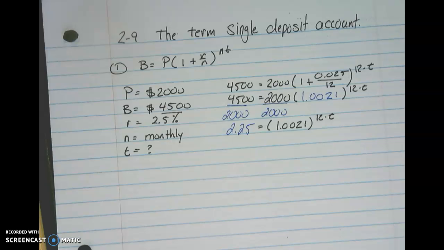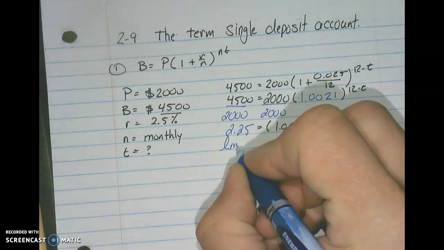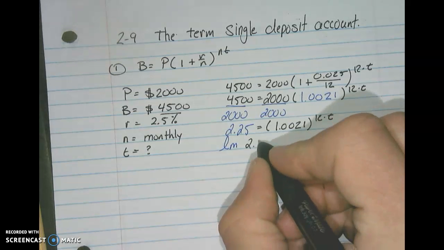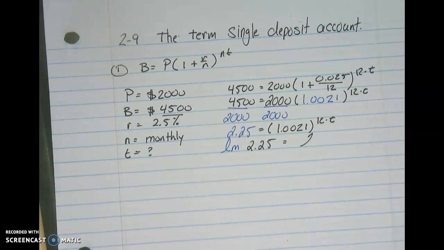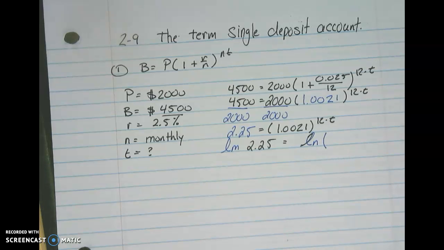Okay. Let's just get everybody a chance to finish writing. So now what we're going to do is we're going to use something called the natural log. So I'm going to take the natural log of both sides. Okay. That's got to be in blue because that's new. And then this stays here.